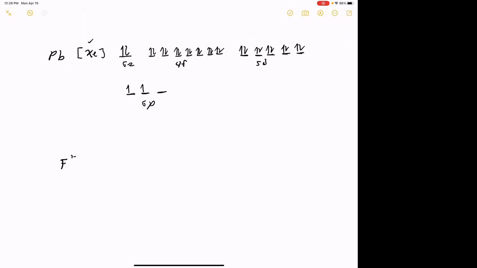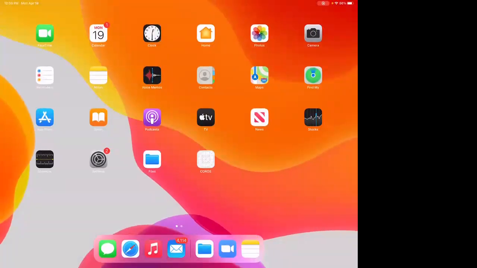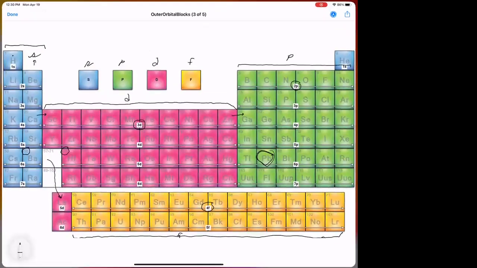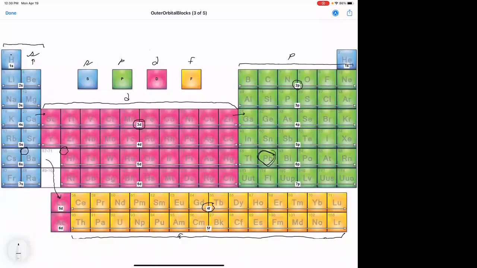How many electrons would that have? So again, let's go back to my periodic table here. Find fluorine. It's element number 9, right? There it is. So a regular old fluorine atom would have 9 electrons, but what if I had an F1 minus, a fluoride ion? How many electrons would that have?